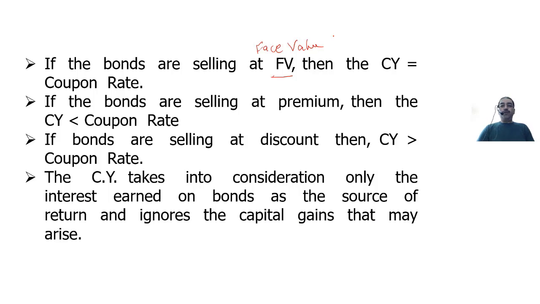Please make a note of all these important points. First one, if bonds are selling at face value, then the current yield is equal to the coupon rate. Second one, if bonds are selling at premium, then the current yield is less than the coupon rate. Third one, if bonds are selling at discount, then the current yield is greater than the coupon rate.